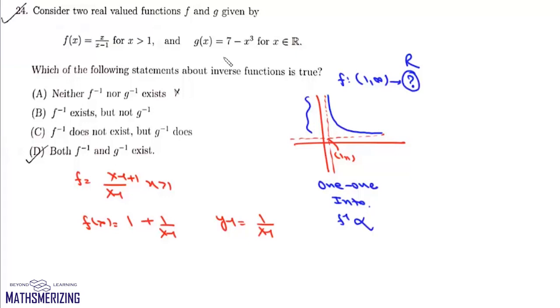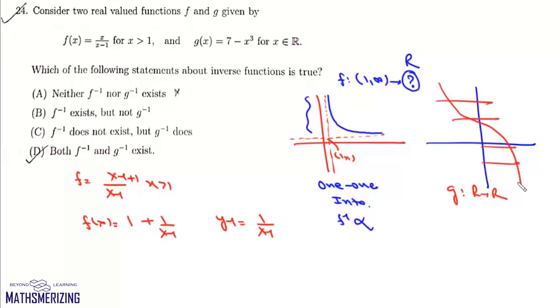Now what about gx? If we draw the graph of gx, it will be this graph. Now if we define g from R to R, in that case this function is both 1-1 and onto. So in this case g inverse exists. So the answer to this question should be f inverse does not exist, but g inverse does.